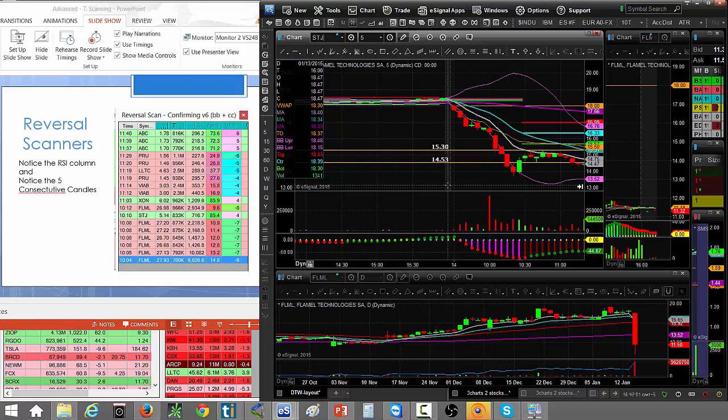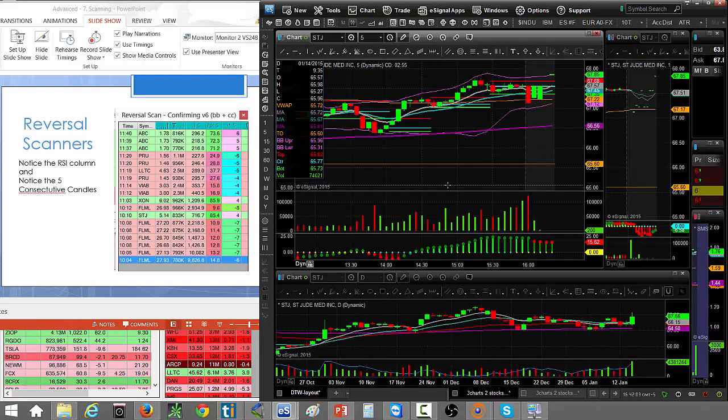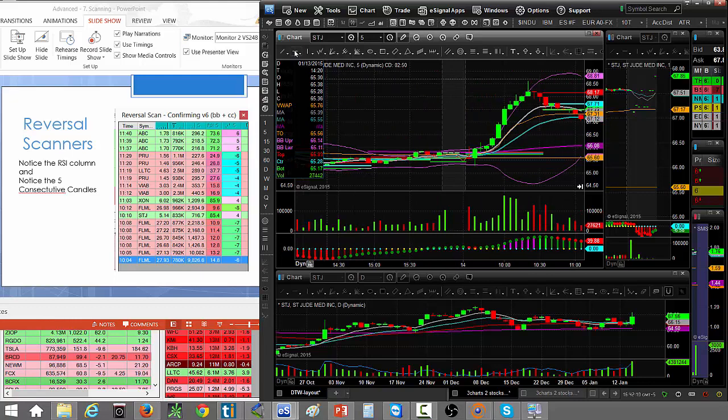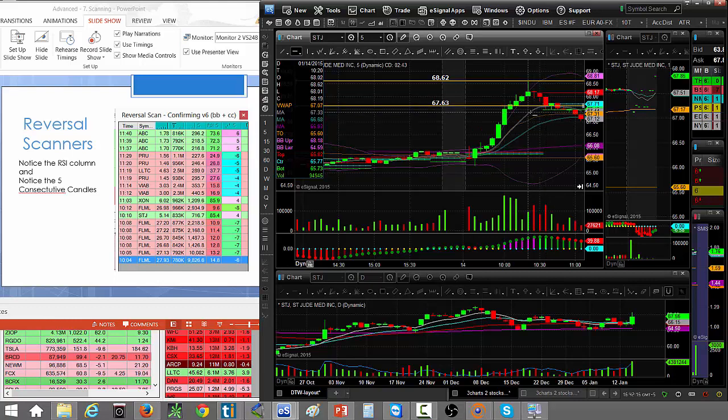Let's look at STJ. This fired off for a short at 10:10. Okay, squeezes up, candle outside the Bollinger Bands, short this, target is the 9 moving average. Okay, so from 68 down to 67, 63.